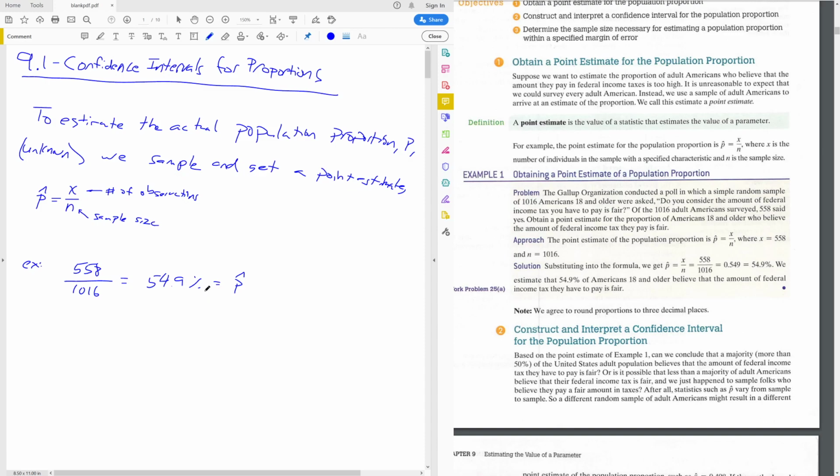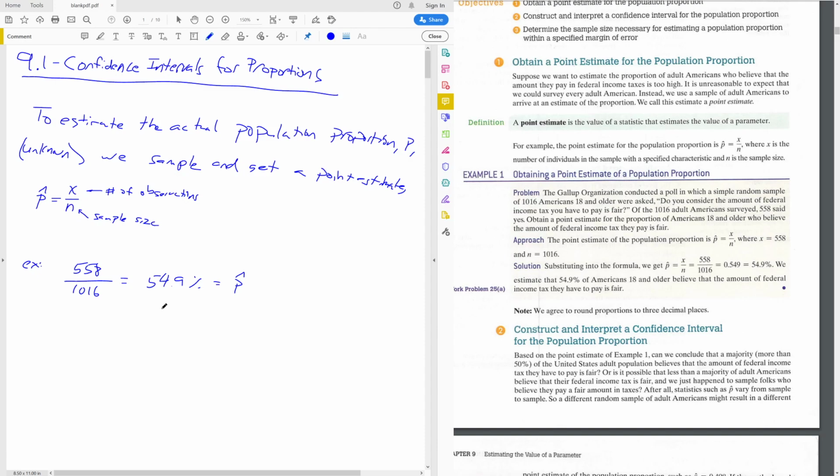We understand, though, that that's just from a sample. If somebody else goes out and samples a different number of people and different people altogether, we might get a different percentage. Maybe we get 56.3.